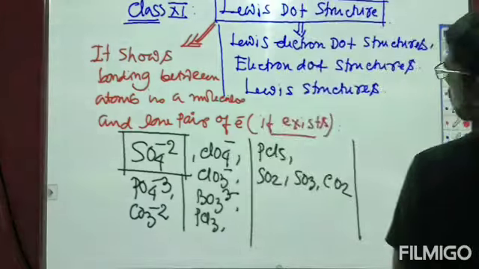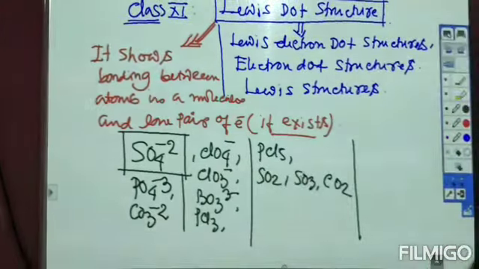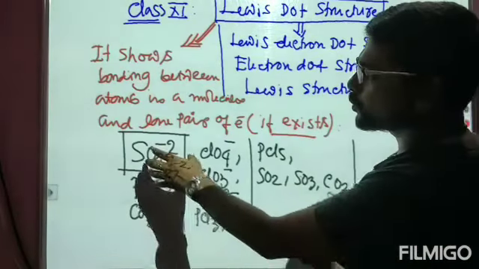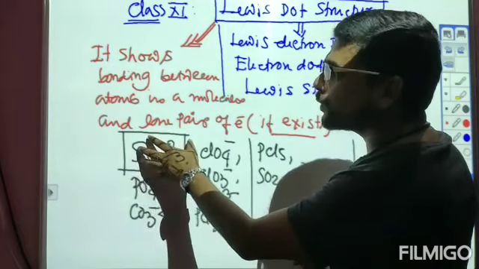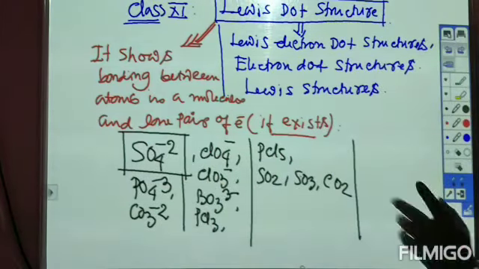First let me explain the rules. What are the rules to be followed to draw the exact Lewis dot structure of these molecules?